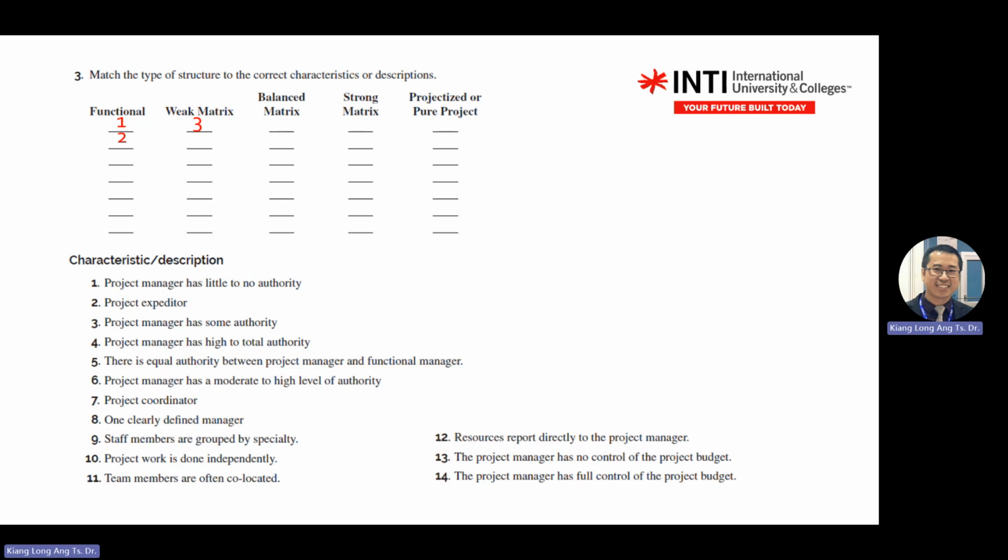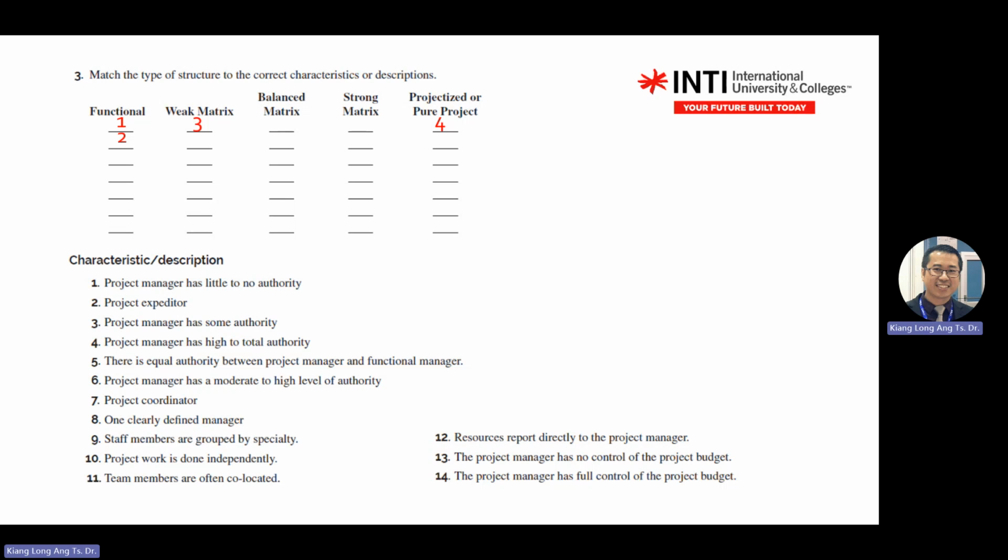Okay, number 4. Project manager has high to total authority. High to total, it will be pure project. So authority here will be high to total. Then number 3 here has some, so between these two will be high. You see the word high here.